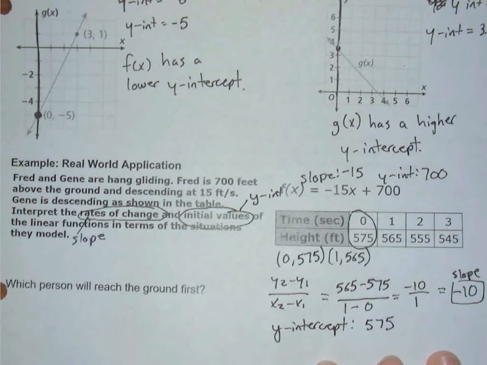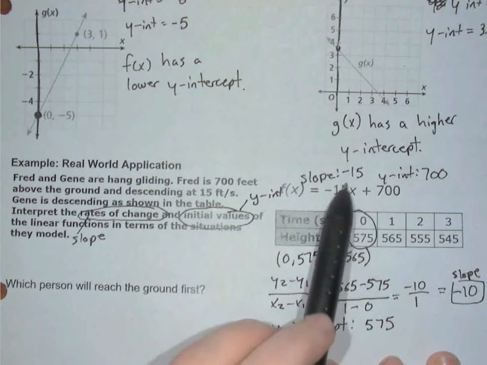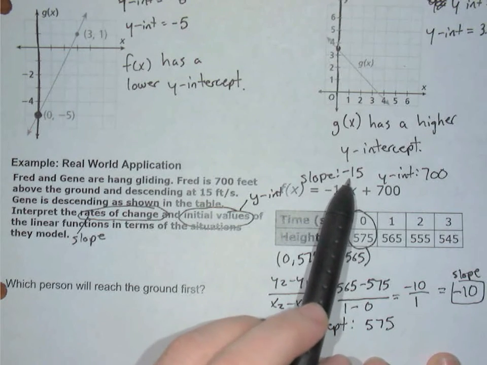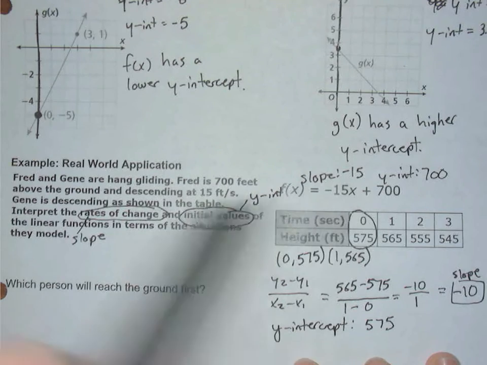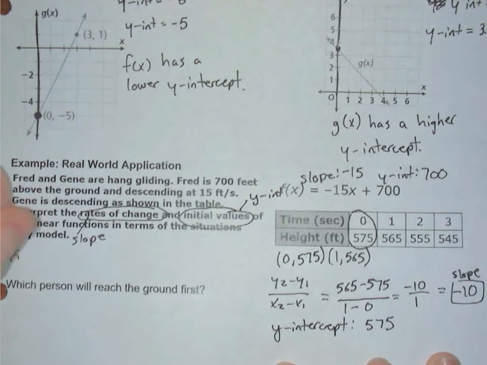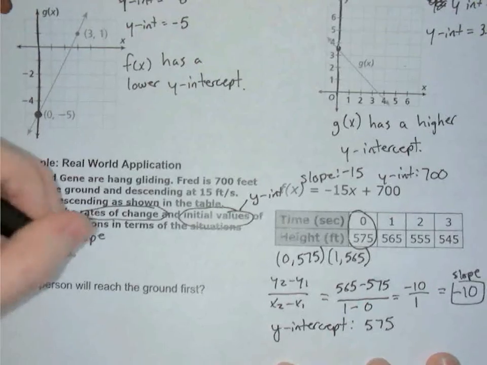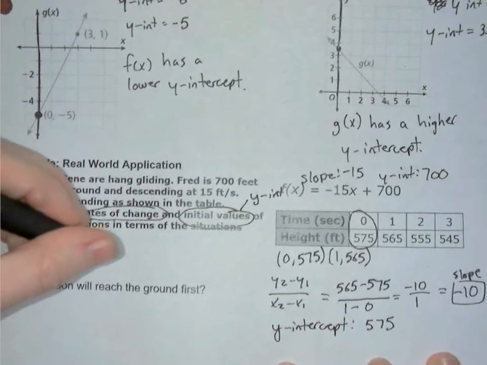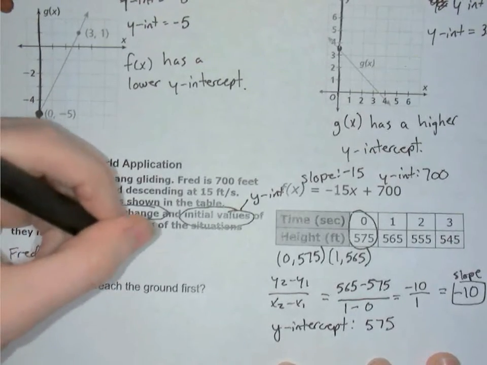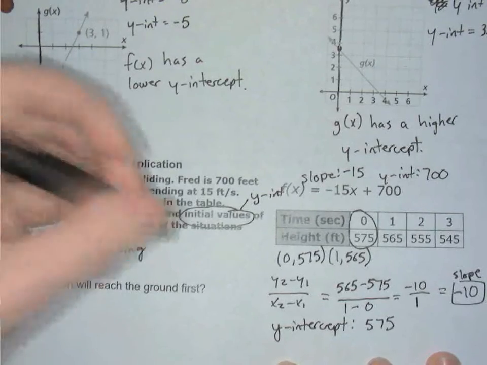We are hang gliding, so we're going downwards, and we're going to think about which one is going downwards faster. And in this case, our negative 15 slope is going downwards faster. So I can write that Fred is descending faster.